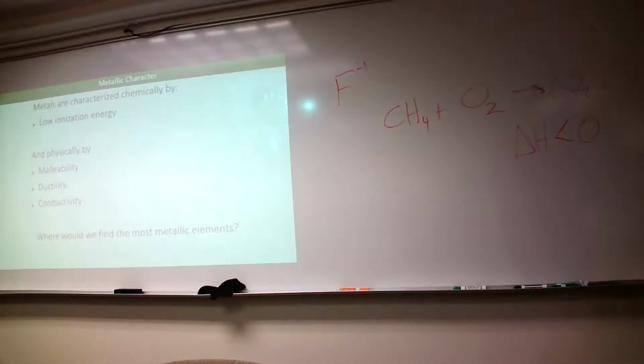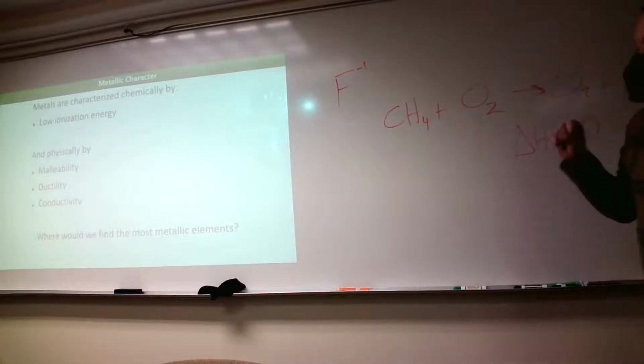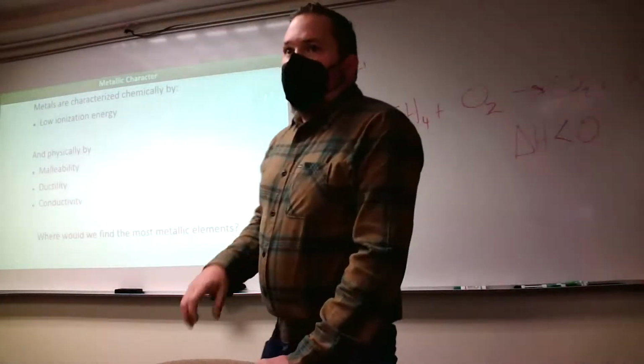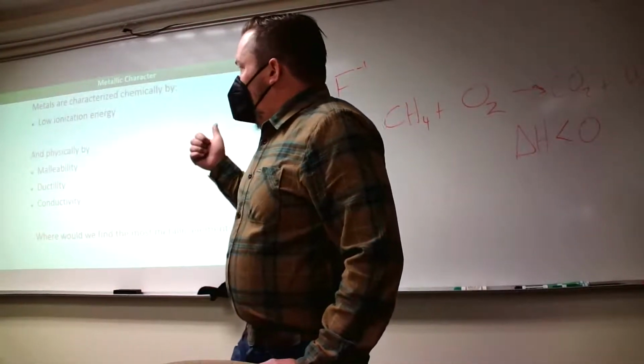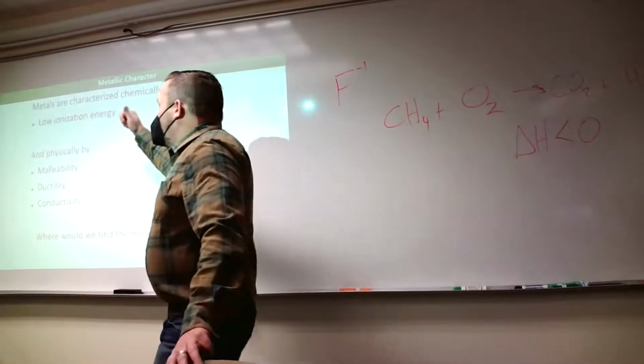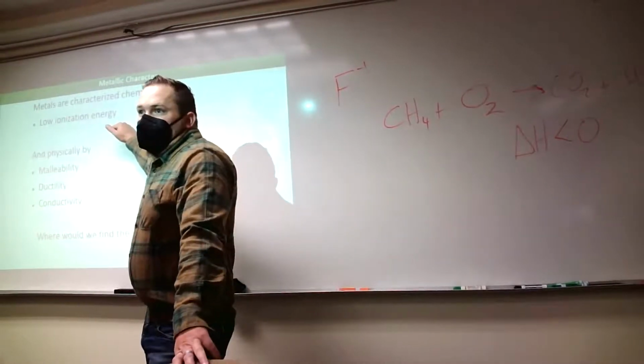There's one other trend that gets mentioned a lot that doesn't follow it's harder to predict, and it's harder to put a quantifiable number to it. And that's metallic character, metallicity. Things that are more metallic generally are going to have lowest ionization energies.